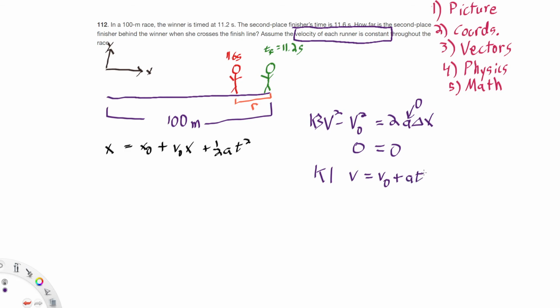Right, what we get here is we just decided that acceleration is 0. So all this gives us is v equals v naught, which we already knew, so that's not super helpful. So since we tried K1 and K3, neither of those gave us anything, we can go on to K2.